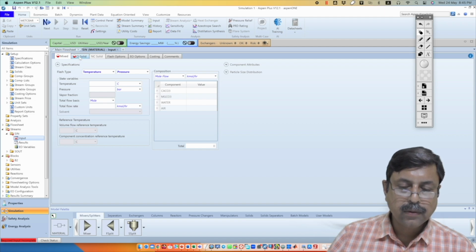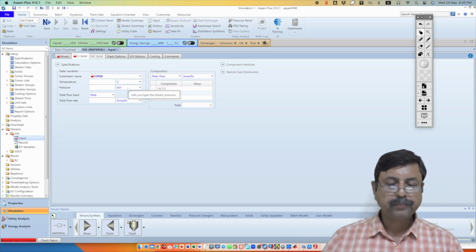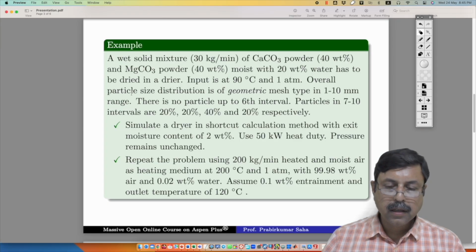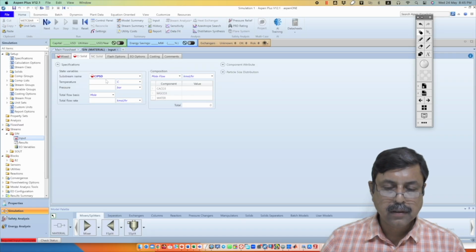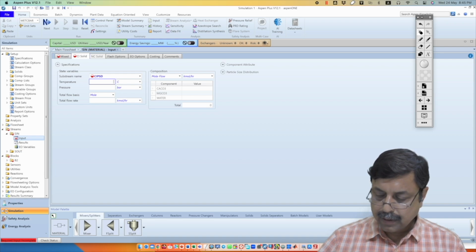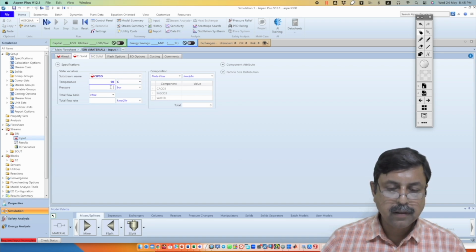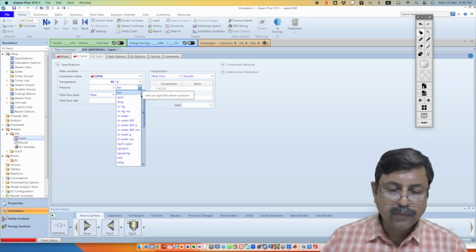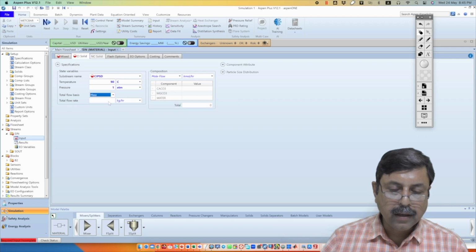Now go to S in. Yes, now this CI solid is open for you. Now the data has to be given: 30 kg per minute, 90 degrees centigrade, 1 atmosphere. So it is 90 degrees centigrade, 1 atmosphere, and it is 30 kg per minute.